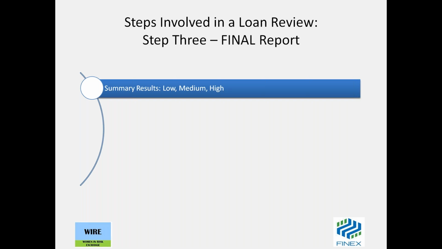And finally, low priority are usually just recommendations to do things better. For example, we had one institution where we recommended that maybe photos of the business be in the file. Again, if it didn't get implemented, it wasn't a huge impact, but we just wanted to make some practices better.